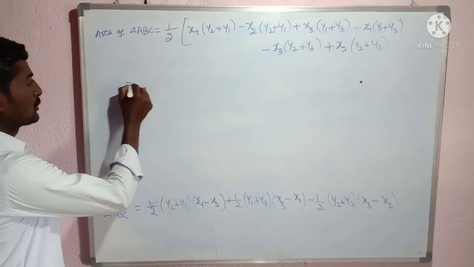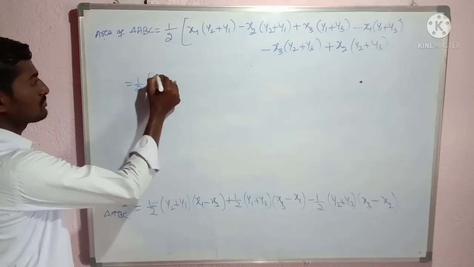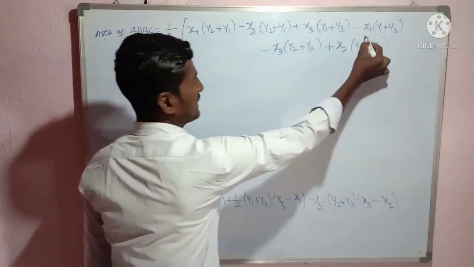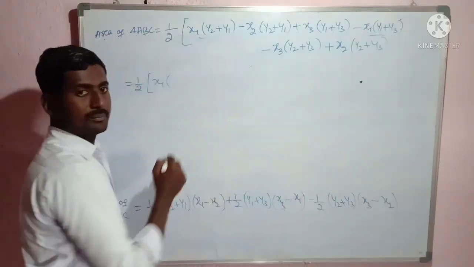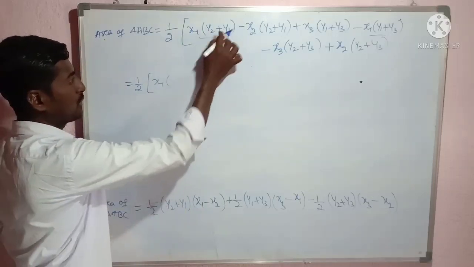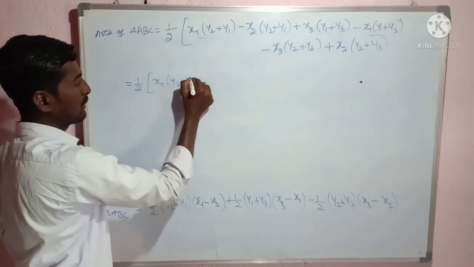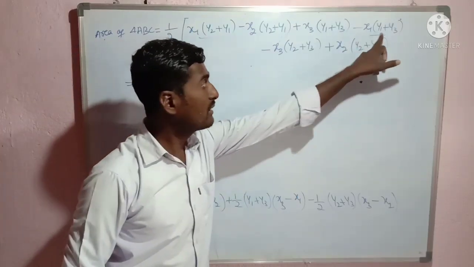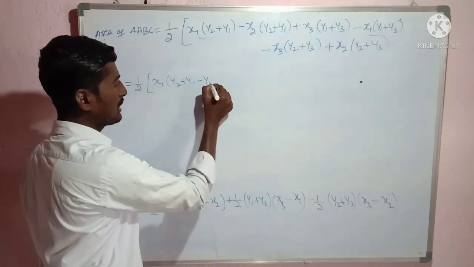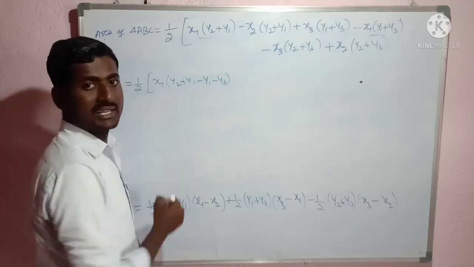Now this is equals to 1 by 2 into x1. So here is also x1 term, here is also x1 term. Now you take x1 outside. So inside what will be there? y2 plus y1, and inside here minus y1 minus y3. x1 over.